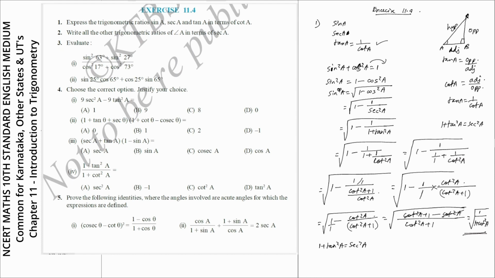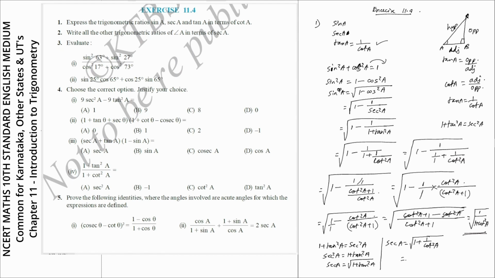Therefore, I'll write like this: secant square A is equal to 1 plus tan square A. Therefore, secant A is equal to square root of 1 plus tan square A. Now secant A is equal to square root of 1 plus tan, which is 1 by cot. So here it becomes cot square A.